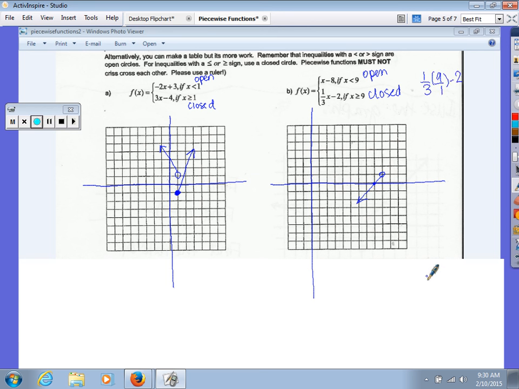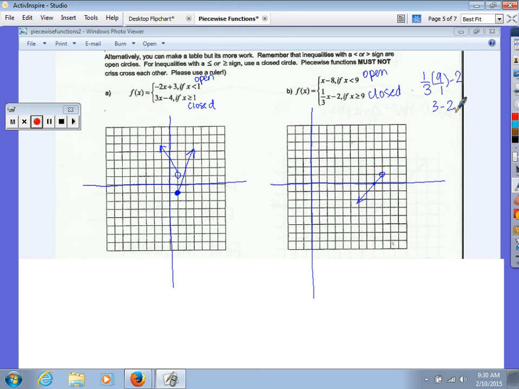And how do I multiply fractions? That's no problem. Tops times tops and bottoms times bottoms. So what is 1 times 9 over 3, which is 3, minus 2 is, so what is my point?